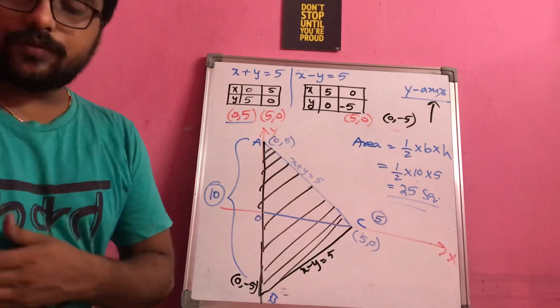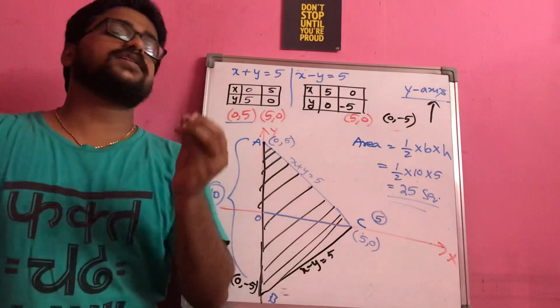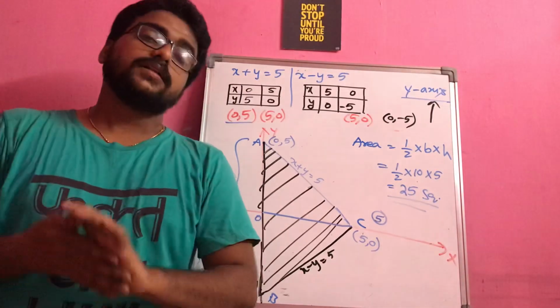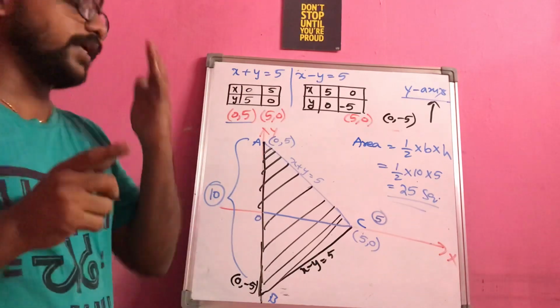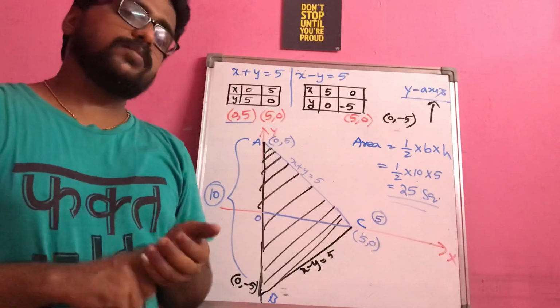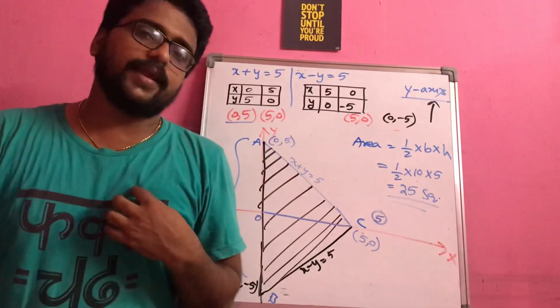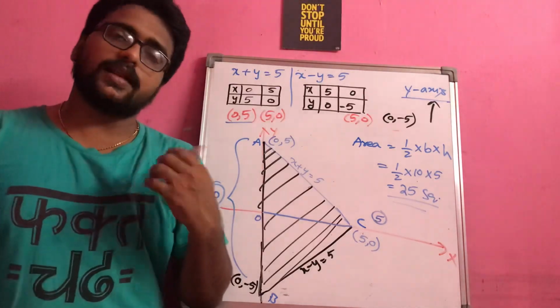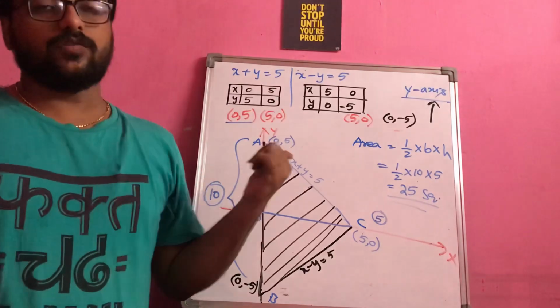So the point you have to understand is that whenever you are drawing, please first try to get a rough diagram. That will give you correct information on whether we are doing it in a correct way or not. That is really important. Why? Because you might have observed, when we just drew it like that, we were not actually getting the triangle with the x-axis, but with the y-axis.